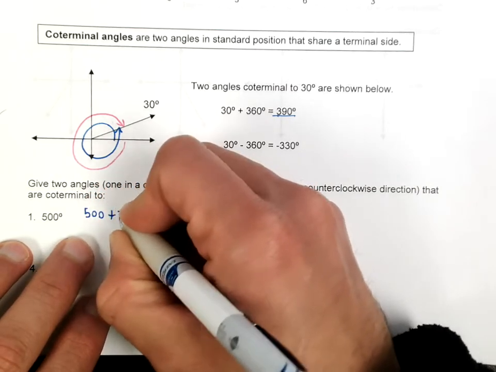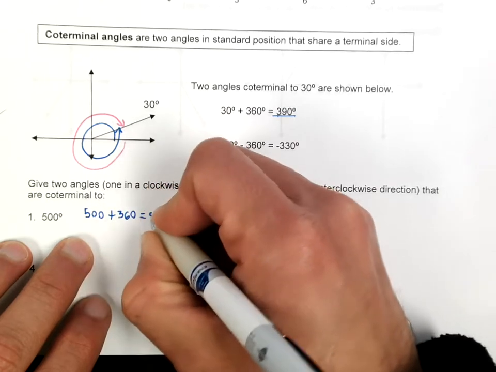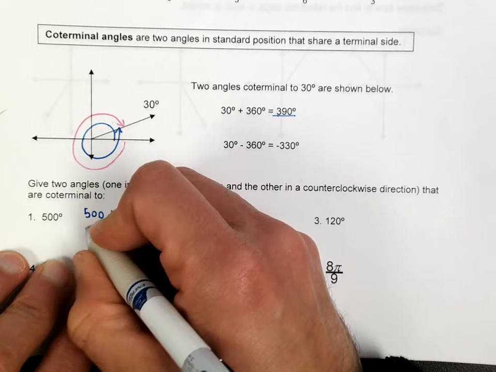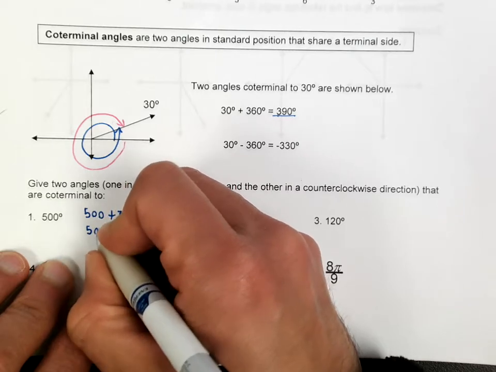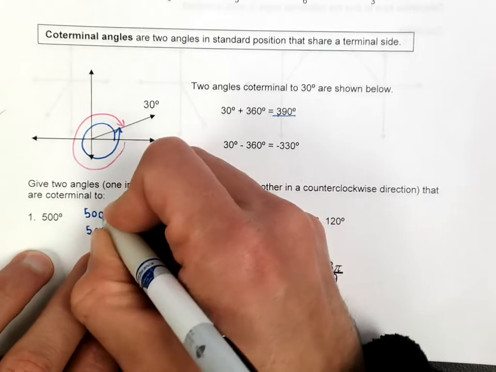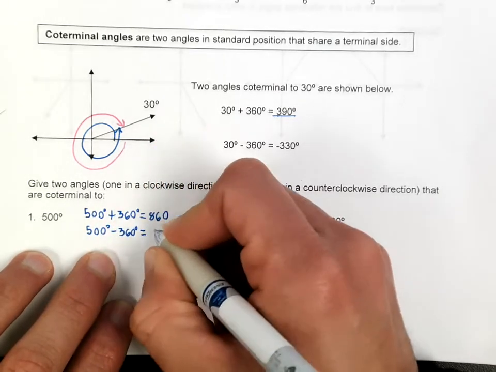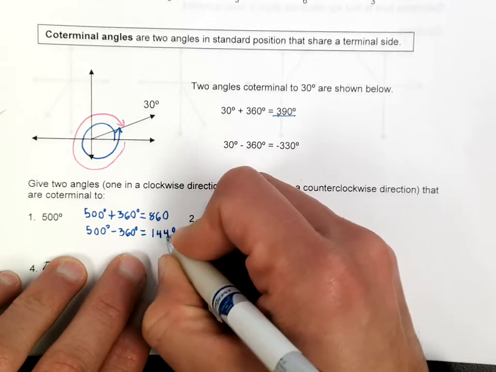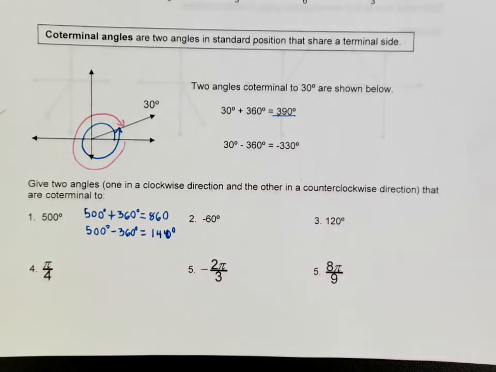You can add 360, which is 860. And then you can also take 500 and subtract 360, which in this case will give me 140, right? Oops, 140, not 144. Okay, so that's what that gives me.